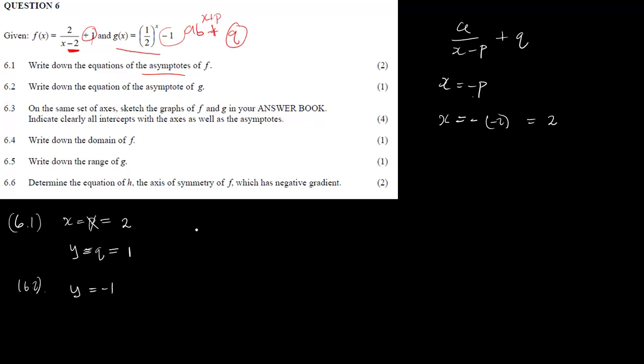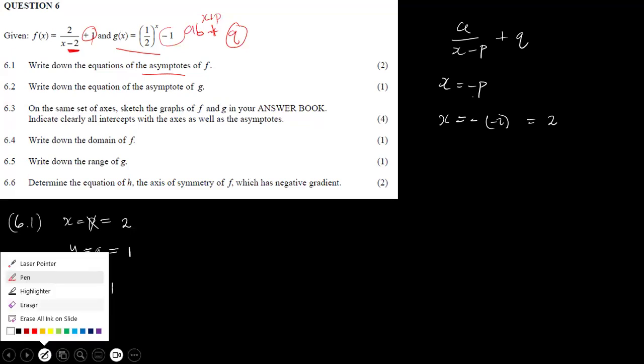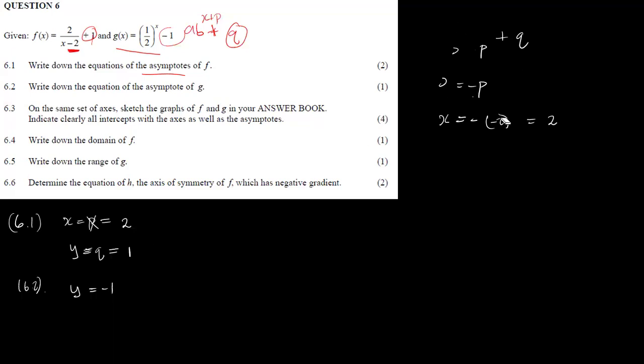Now, 6.3 wants us to draw. It says, on the same set of axes, sketch the graphs of f and g, indicate clearly all intercepts with the axes as well as the asymptotes, for only 4 marks.